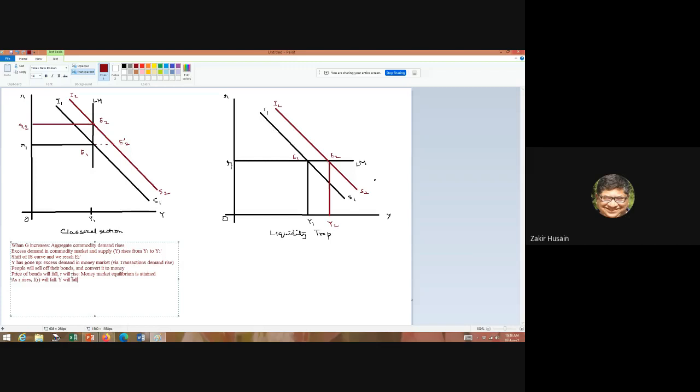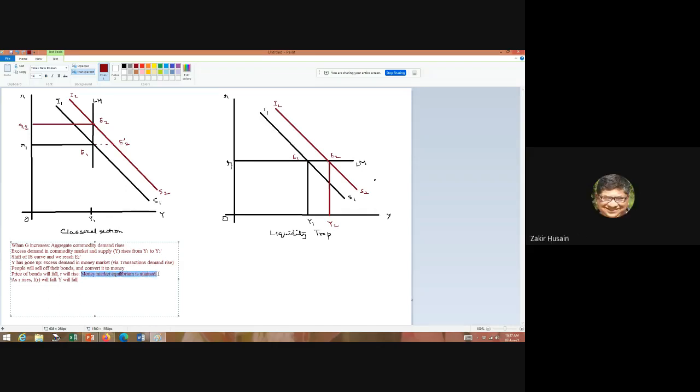Because of transactions demand. If your transactions demand goes up, you're going to have excess demand in the money market. Yes, sir. Achha, okay, fine.